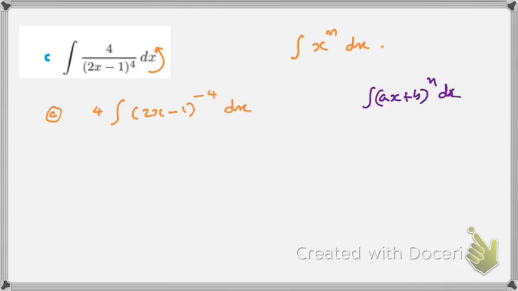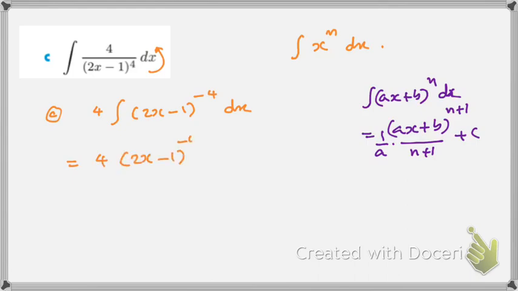And we know that integral of ax plus b the whole raised to n dx would be ax plus b the whole raised to n plus 1 by n plus 1 into 1 by a plus c. So 4 coefficient stays here. Then 2x minus 1 to the power of minus 4 plus 1 divided by minus 4 plus 1. Then I divide by the inner derivative 2, so it becomes 4 by 2 there.